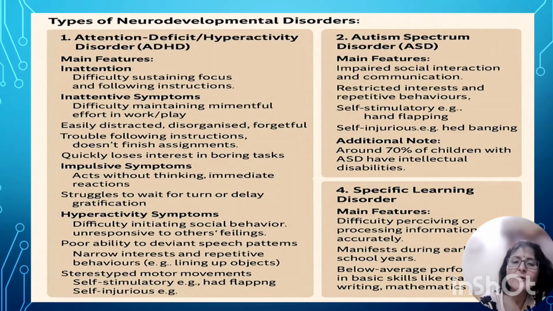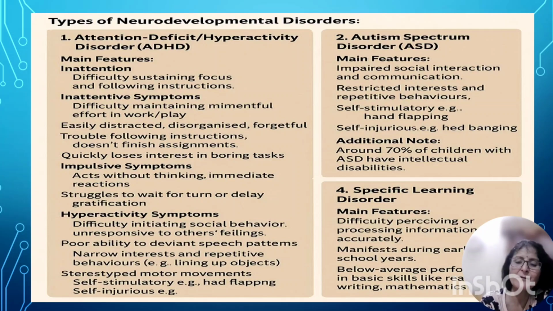So the neurodevelopmental disorders which are in your syllabus, first is ADHD. You have studied about ADHD in class 11th also, wherein you had that box in which the drug was mentioned. If you are remembering, please write in the comment section.